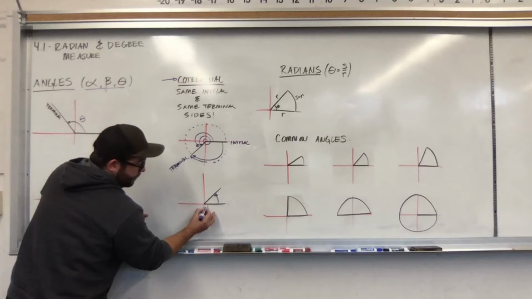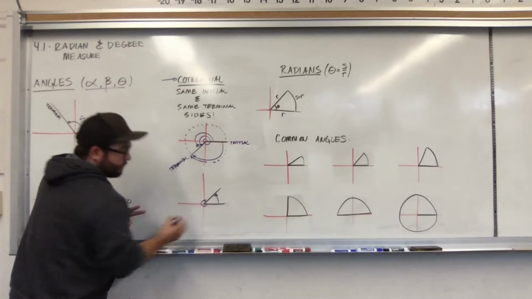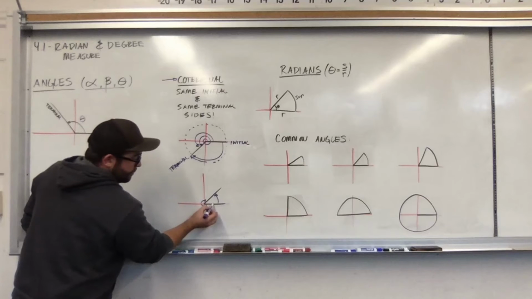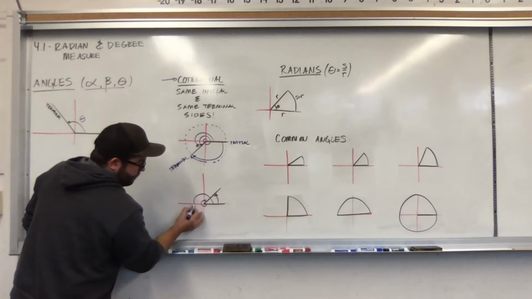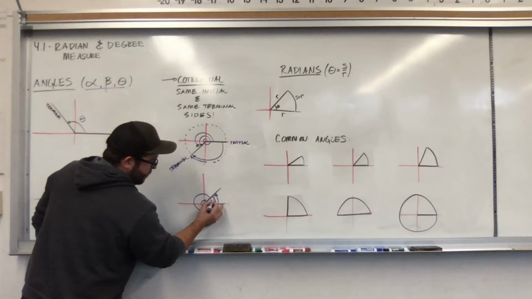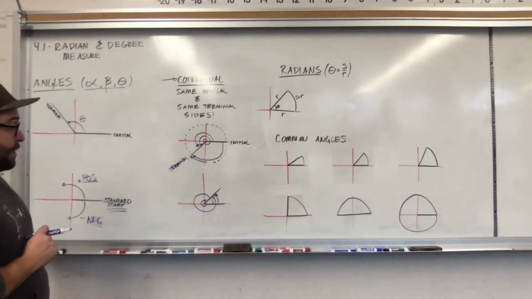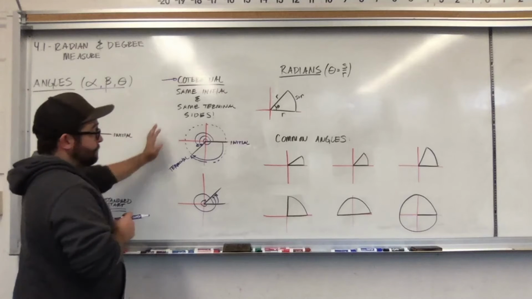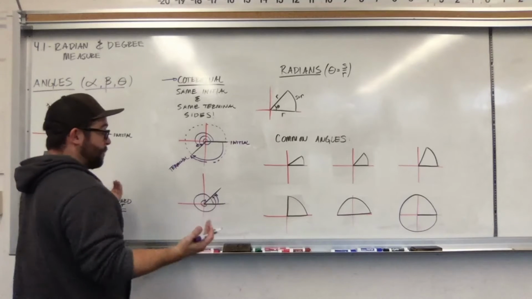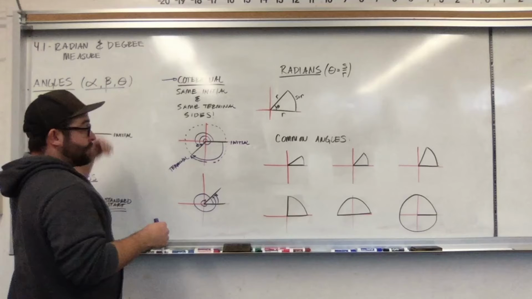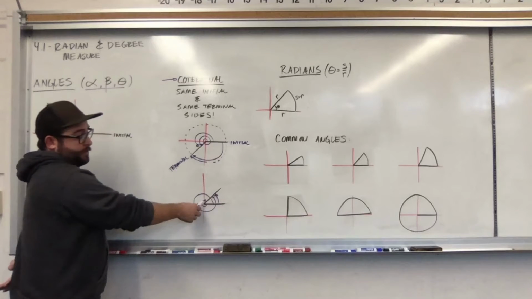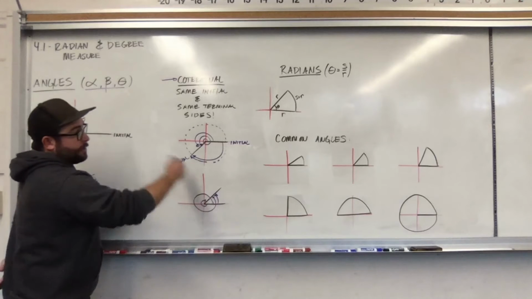We could go in the negative direction, or we could go from the same start, do one full rotation, and then come back to that same terminal side. So when we're doing coterminal angles, we can find a bunch of different copies. It's just a matter of the direction you're going. You're either making up the difference of one full revolution, or you're adding copies of a revolution.